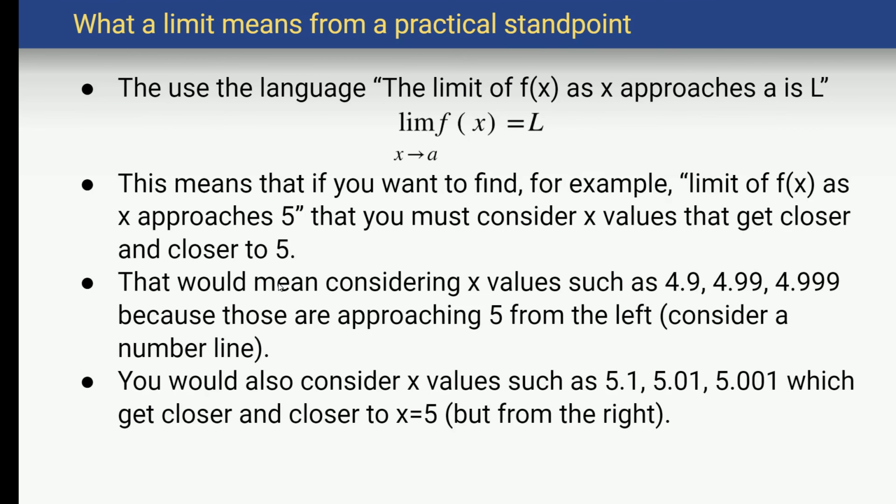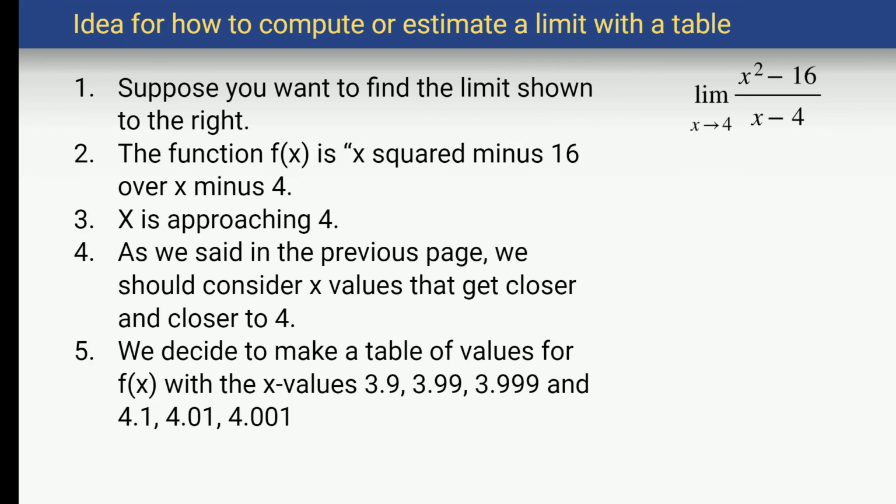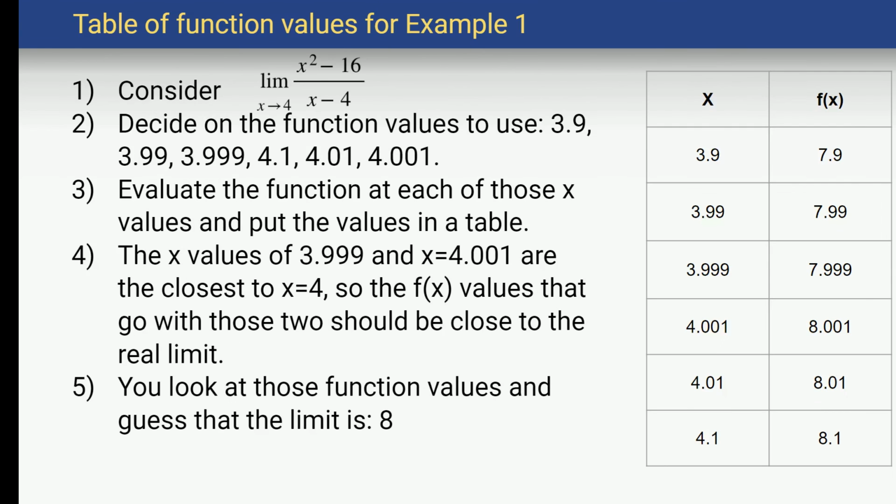Notice in the first example we did, we looked at these function values and guessed that the limit is 8, because when you see the 7.999 and the 8.001, and you say that these are both close to the real limit, it makes sense to guess 8.